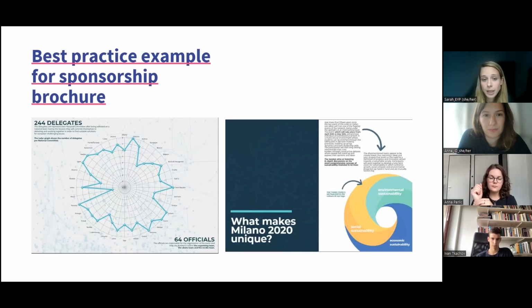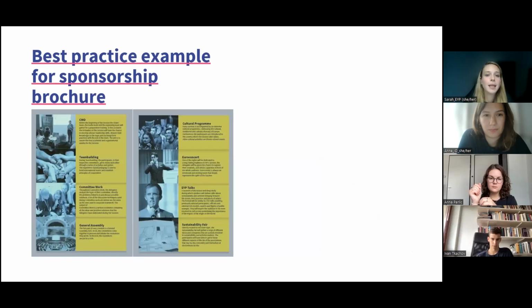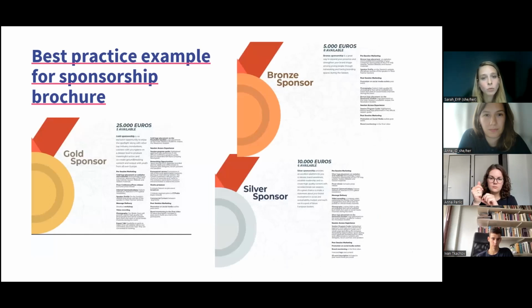So what is unique about this event, who's participating, what is happening, what is the program of this event, and then lastly, what are the options to engage? And here there is already presented the options of the amount of money that they can provide, and also what they will get for it.